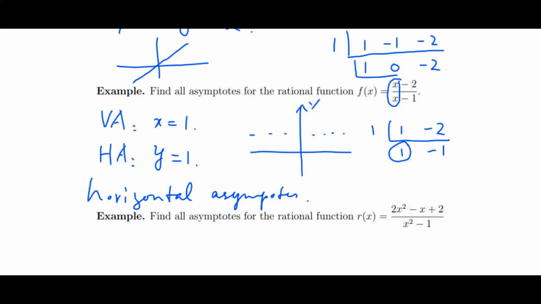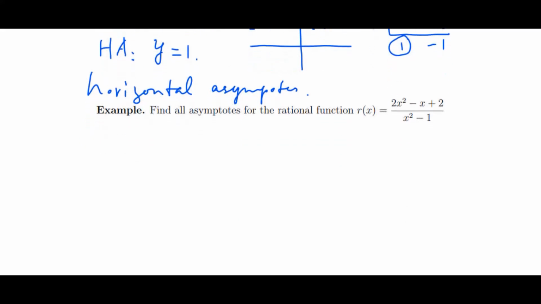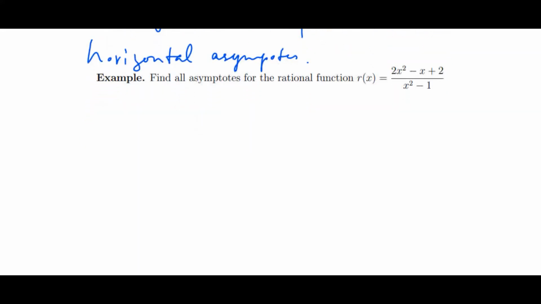Okay, so now let's check this example. At first let's check the denominator. For the vertical asymptote, the denominator x squared minus 1 equals 0. Okay, so we find that we have two solutions, right? x equals 1, x equals -1. So this means we have two vertical asymptotes.